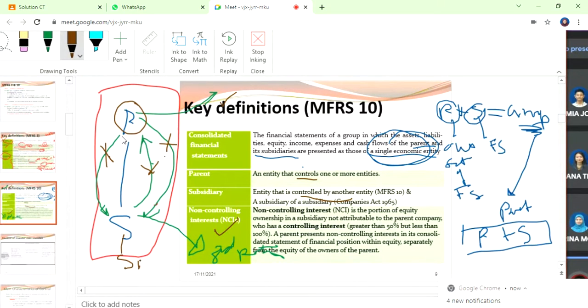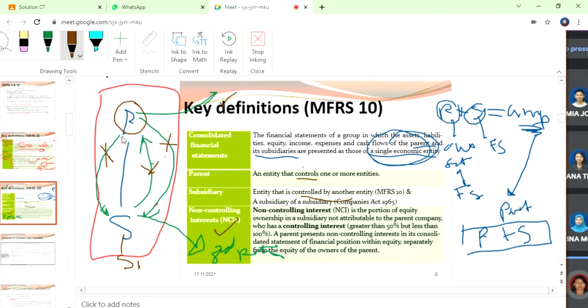If S controls S1, then automatically S1 will also be controlled by P. So S1 will become a subsidiary of P. That is what it means. So a subsidiary can be a direct subsidiary and can also include an indirect subsidiary. That is the definition of subsidiary.